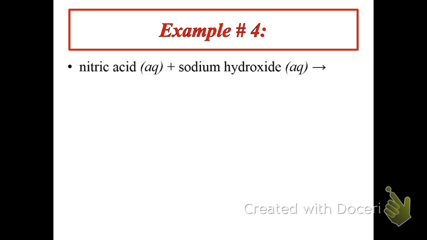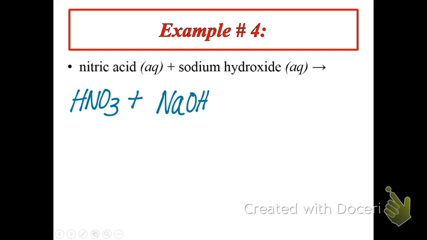Last but not least, this is an example of an acid-base reaction. Okay, because you have HNO3 and it starts with an H, so that indicates you have an acid. And then you have NaOH, which ends in an OH, which indicates that you have a base. So this is an acid-base.